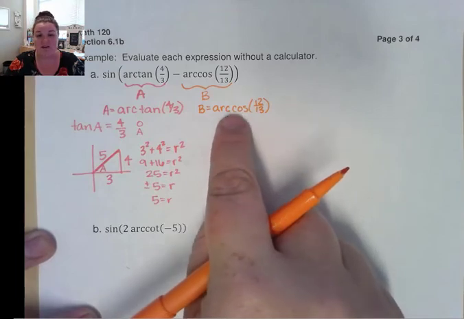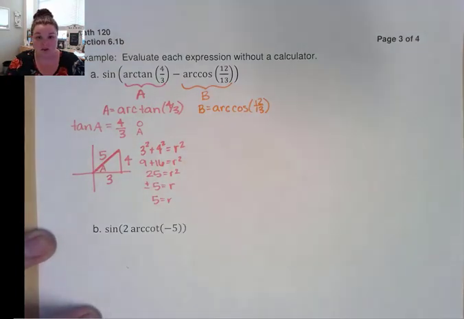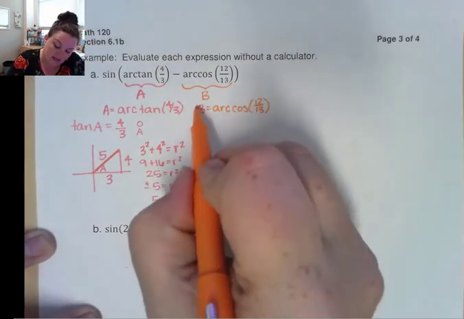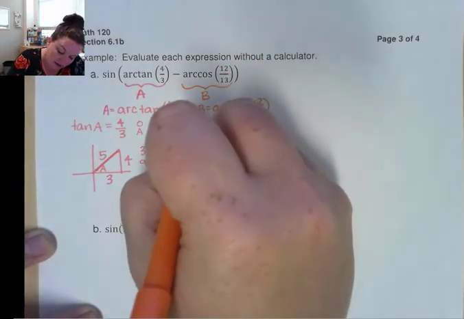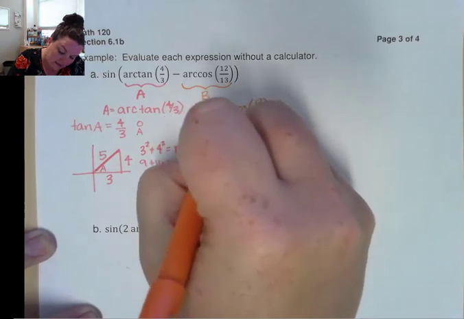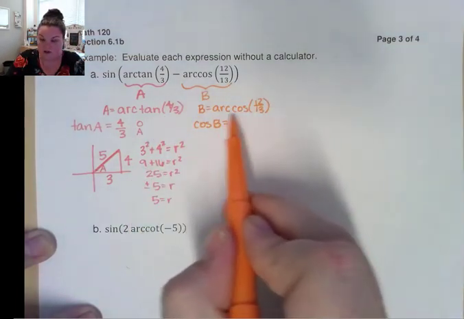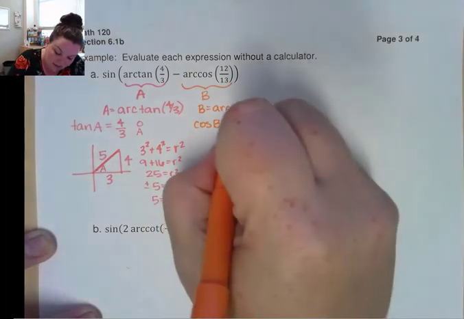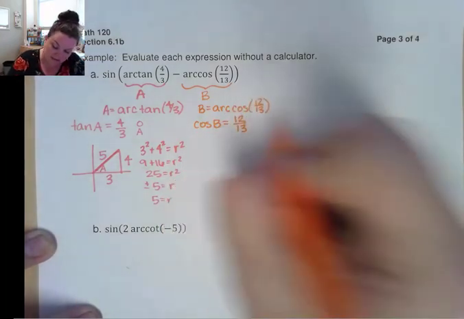The way that we get rid of an inverse is we apply the original function, so cosine of both sides. If I do cosine on the left-hand side, I'll have cosine B. If I do cosine on this side, my cosine and my arc cosine will cancel, and I'll just have 12/13.